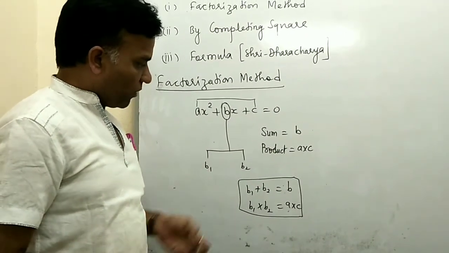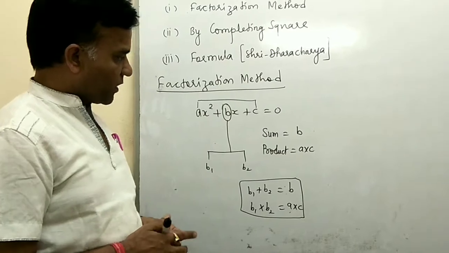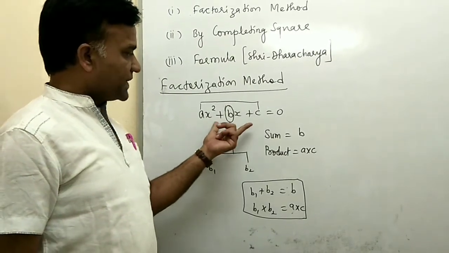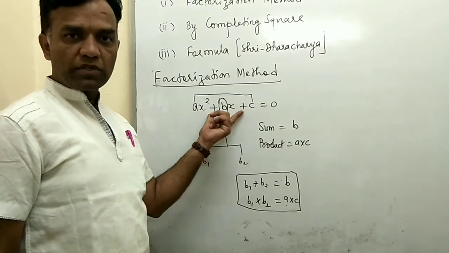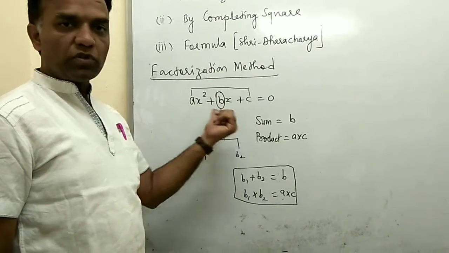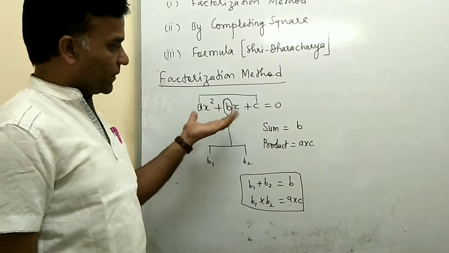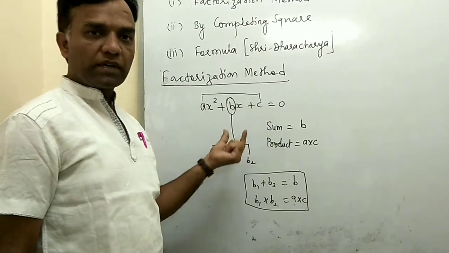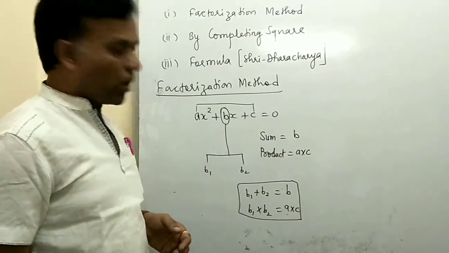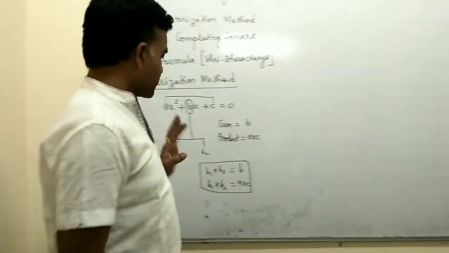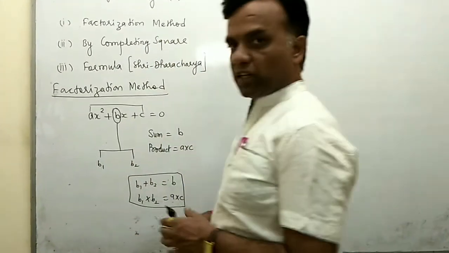But one more concept we use here: it is not compulsory that both signs are always positive, or both negative, or one positive and one negative, because your constant term may be positive or negative. There are two options in every quadratic equation, but this is the general form.